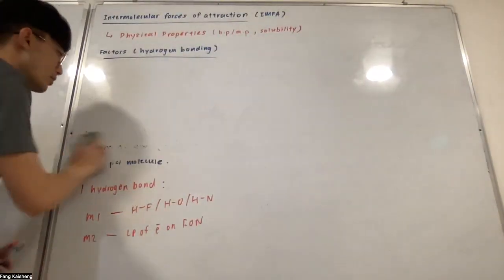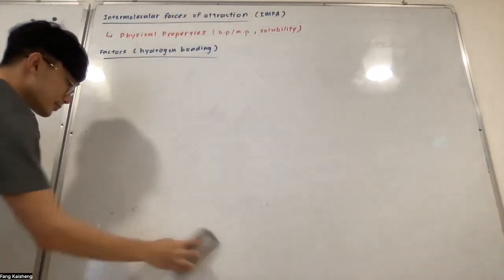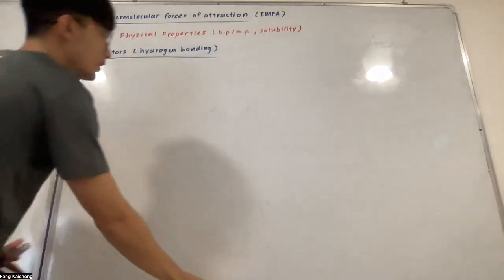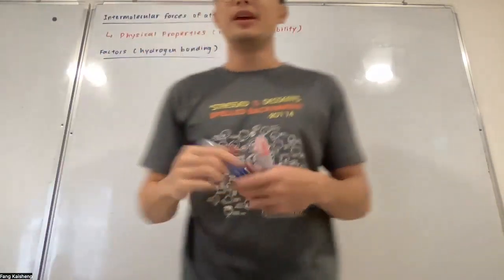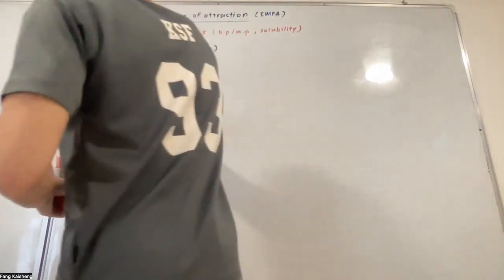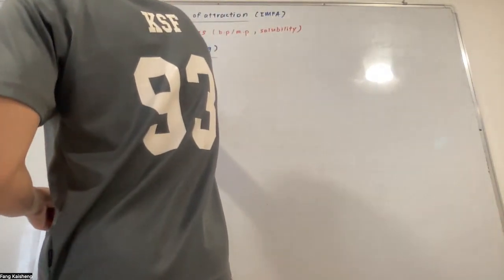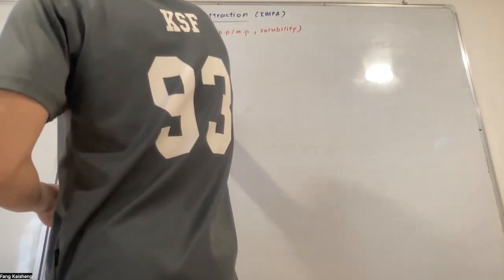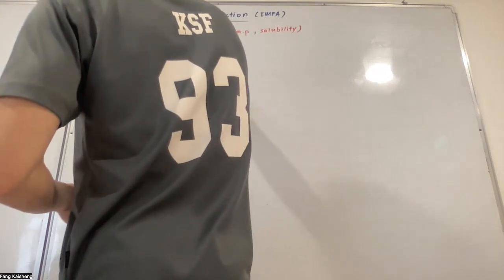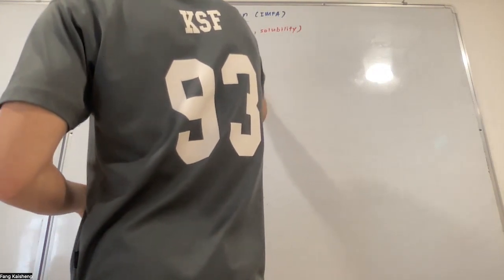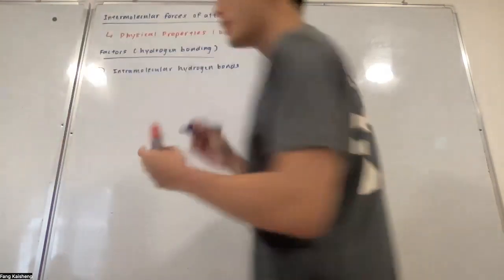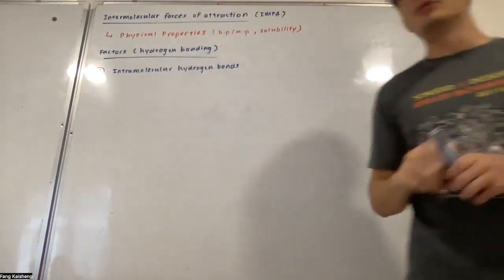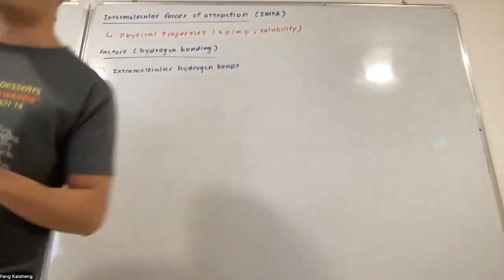So let's take a look. The last one is called intramolecular hydrogen bonding. Let's unpack some simple terms first. What is intramolecular?